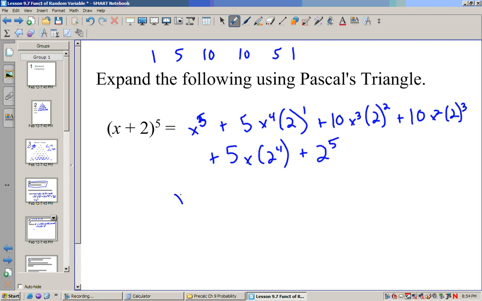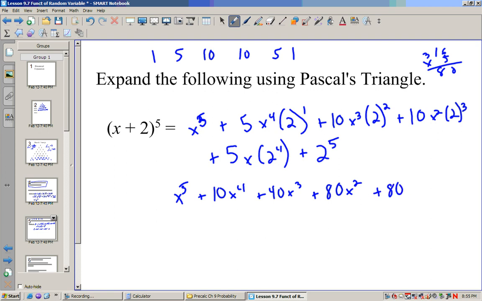Alright, so we'll have x to the 5th, 2 to the 1st times 5 will be 10x to the 4th. 2 squared is 4, 4 times 10 will be 40x to the 3rd. This will be 2 to the 3rd is 8 times 10, so that would be 80x squared. 2 to the 4th would be 16, 16 times 5 will be 80 again, so that would be plus 80x.